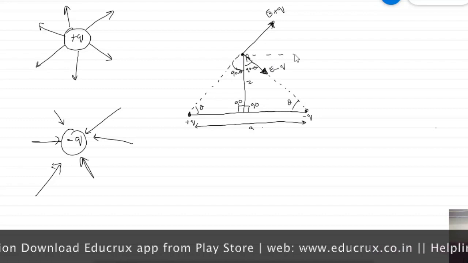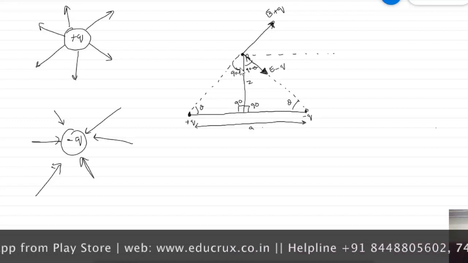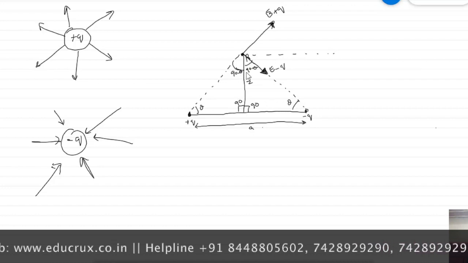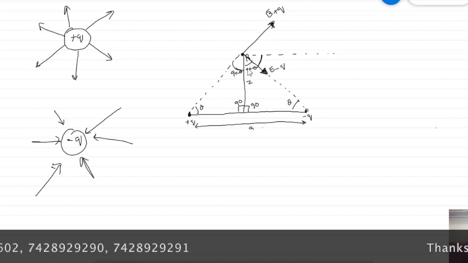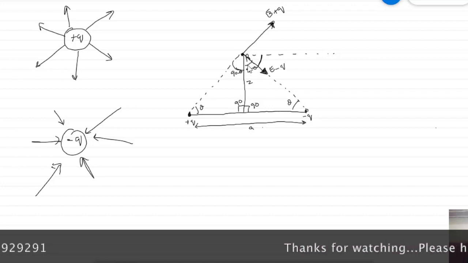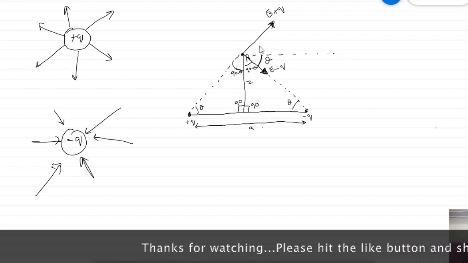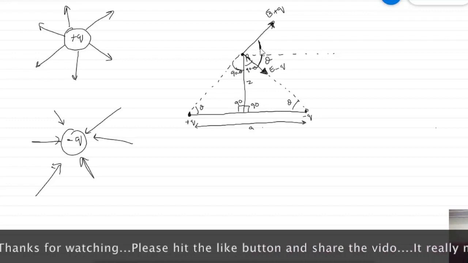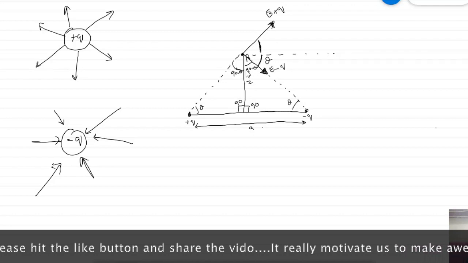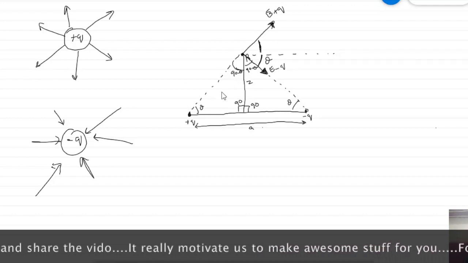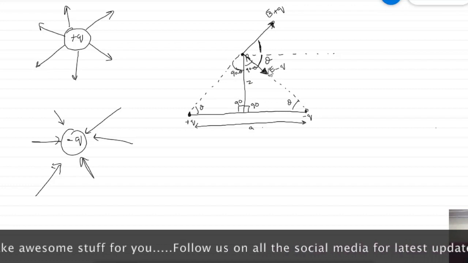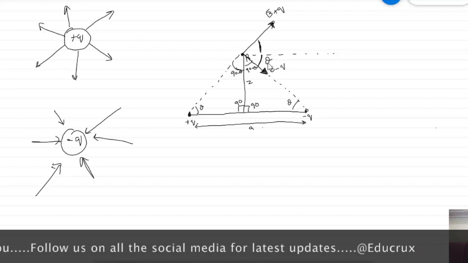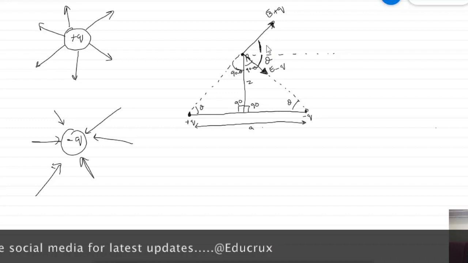Then this is 90 minus theta, and this is 90 minus theta, so this is theta, and this is also theta.